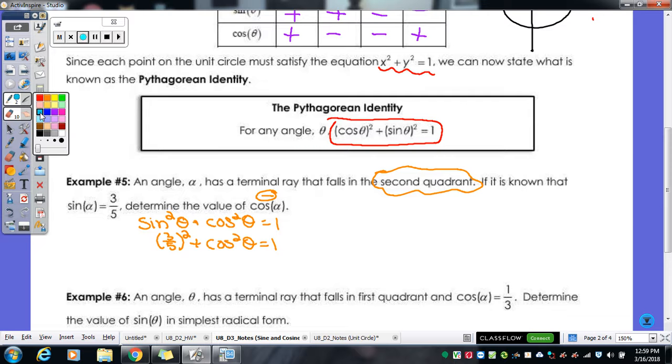So what is 3/5 squared? 9/25. Yep. So now we should take our 9/25 and subtract it over, which equals 16/25.